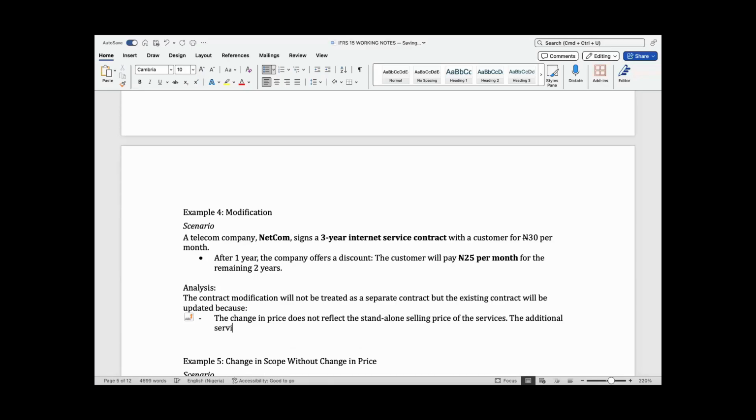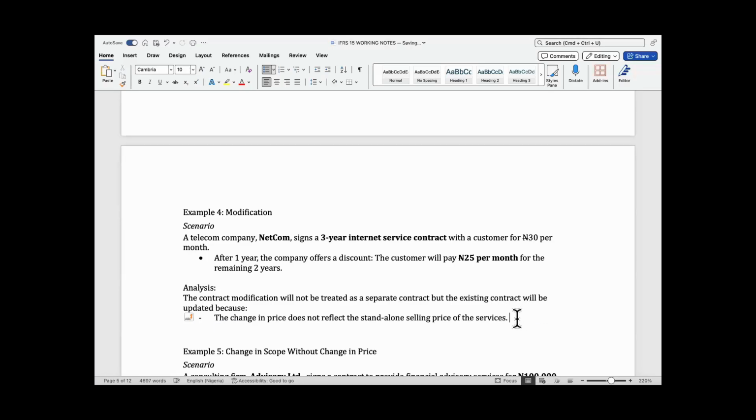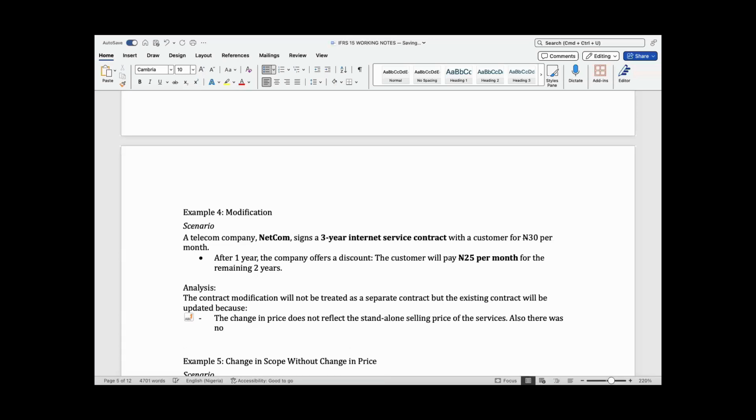The additional service, and also there was no change in scope.